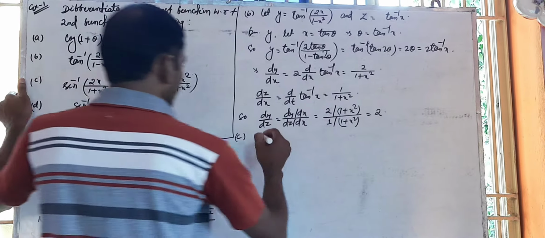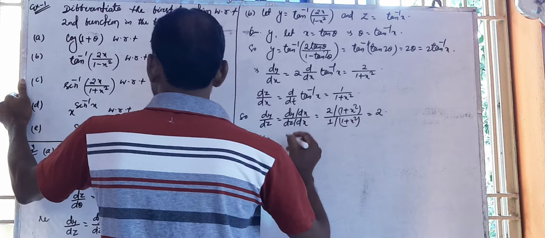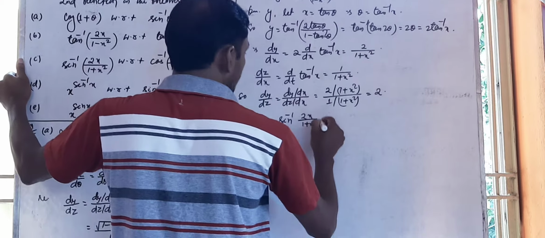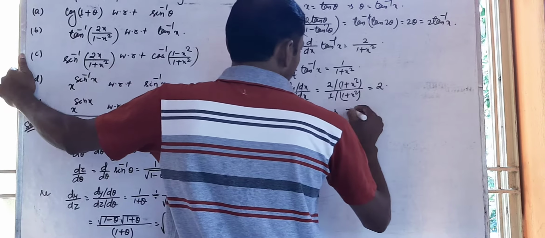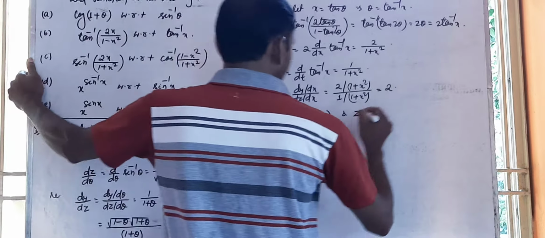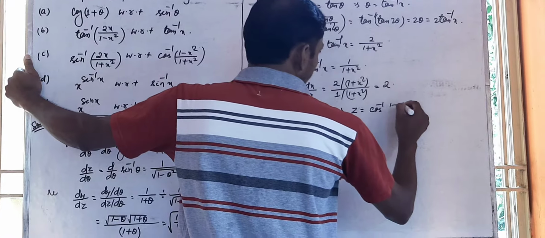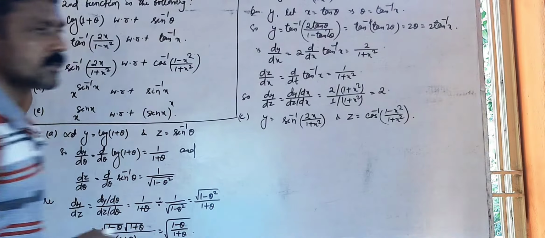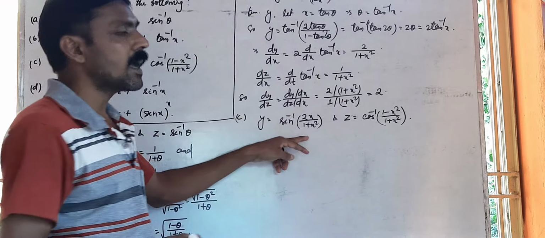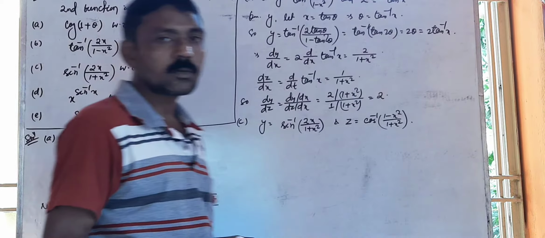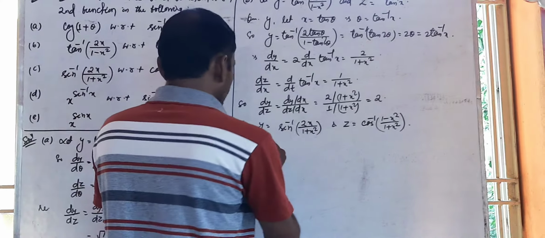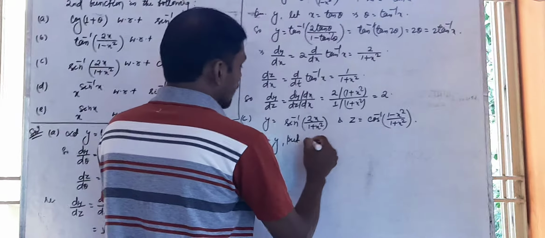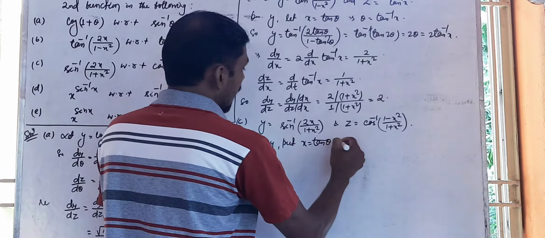Now see, here let us take y equal to sin inverse of 2x by 1 plus x square and z equal to cos inverse of 1 minus x square by 1 plus x square. Now these two are based on which formula? Sin 2 theta and cos 2 theta in terms of tan theta. So here for y, let us put x equal to tan theta.